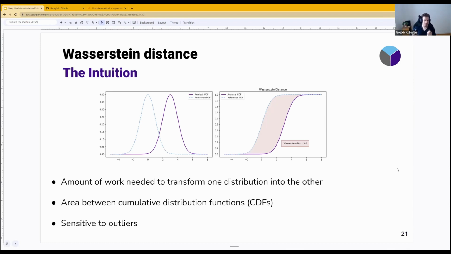And that means that this distance measure is sensitive to outliers, which might be a good thing if you care about outliers and you want to basically capture all of them. But of course, it can increase the amount of false positives if outliers happen in your data and they're quite normal. So something to bear in mind when you choose which measure to use.